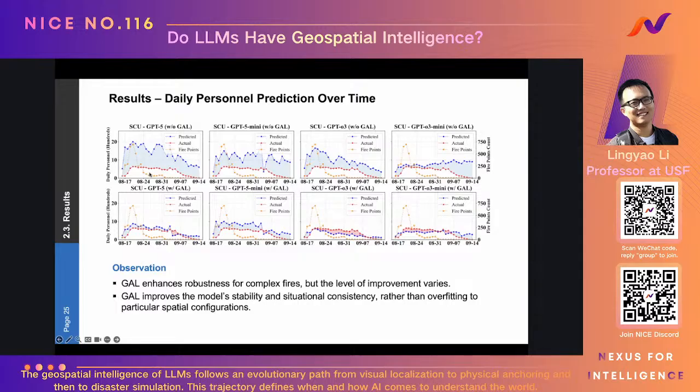And for the second project, although for some wildfire events, feeding the geospatial information can help improve the large language model prediction performance, we also found that in other events the prediction performance is not that satisfying. So the performance is actually not very consistent, and we are still trying to find a good explanation for why the performance varies a lot.